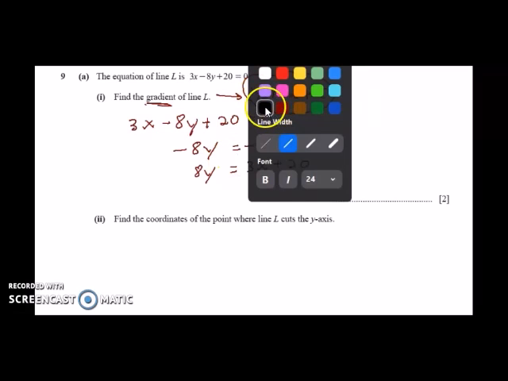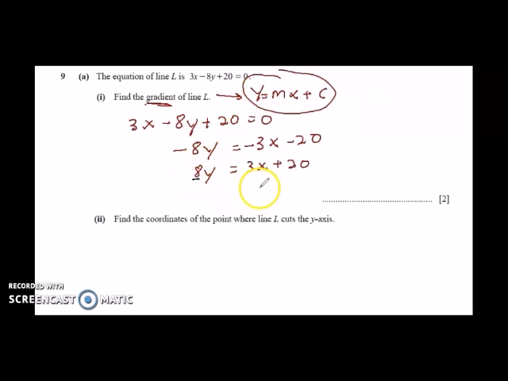So we bring this 8 to the opposite side, so it becomes divide, and you will have 3 over 8x, and here will be 20 over 8, and your gradient falls under this. So your gradient m is 3 over 8. Okay, that is your answer. And for this question you have 2 marks.